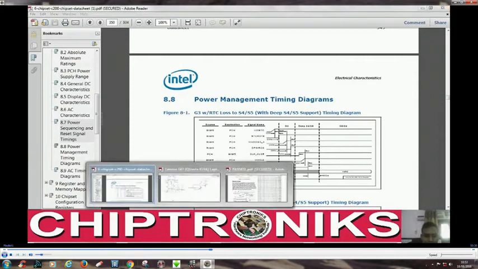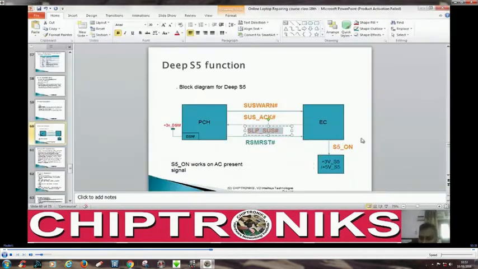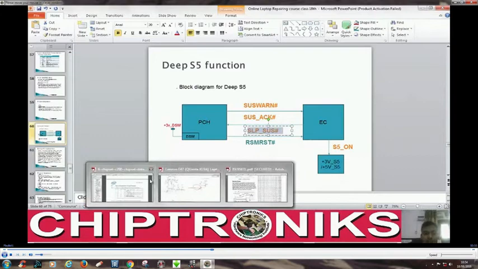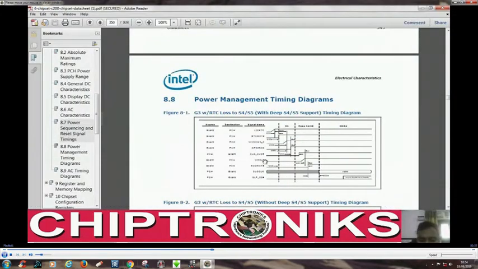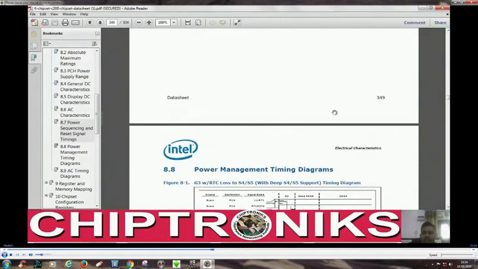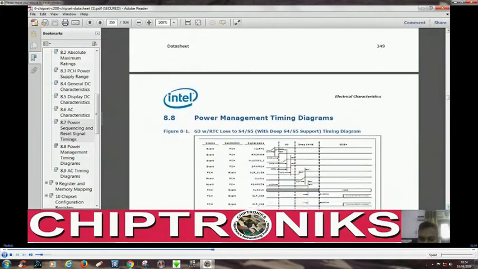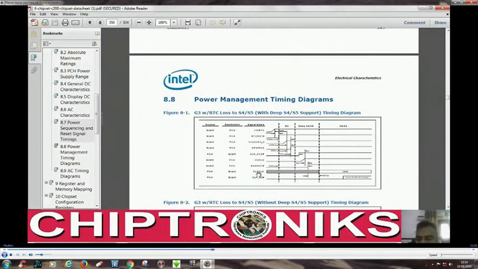You can see over here, after S5_ON, RSM reset is generated, and when RSM reset is generated by the IO controller, that means all suspend wells have got their power, as we discussed in the previous class. So now we'll check what VCC_SUS comprises, the various voltages in the VCC_SUS.